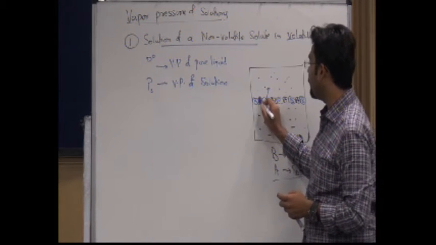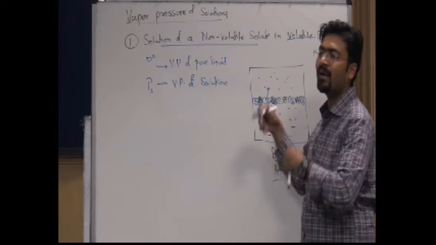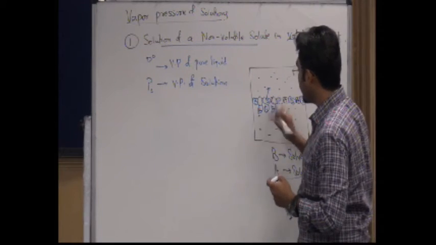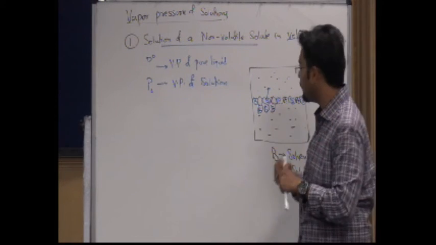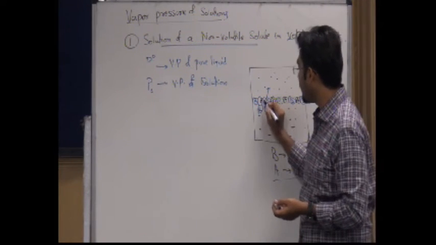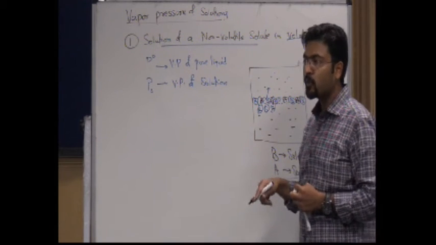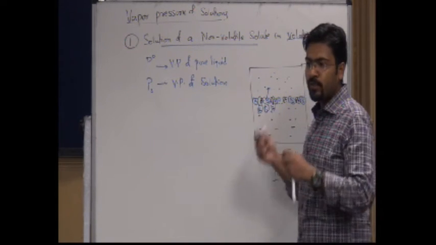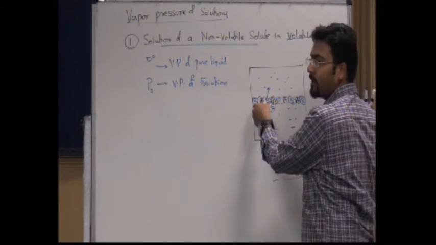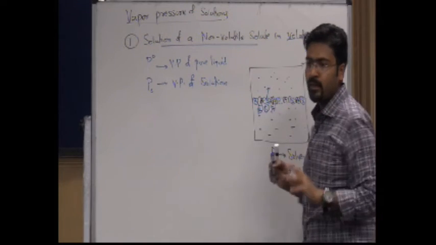Initially there were only B particles around, attracting this B particle to not go away into the vapor phase. Now along with B, A is also present, and there may be a case that this A is attracting this B much more strongly than B does. So B will get upset because B will say, my own molecules are not attracting me that strongly, and you're not letting me go. So because of which the vapor pressure will decrease, right?